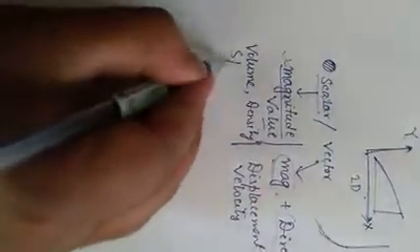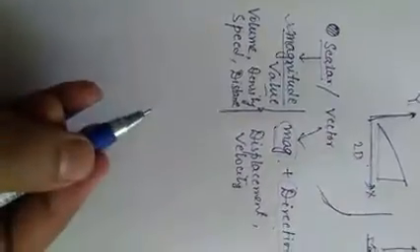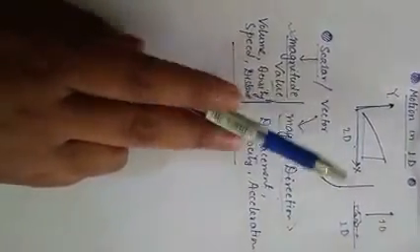Speed is a scalar quantity, distance is a scalar quantity, and acceleration is a vector quantity. So this is a brief idea about scalar and vector. You will get more scope to read about scalar and vector in class 11, and there you will find a chapter only upon vectors.